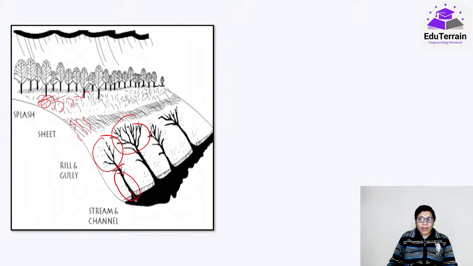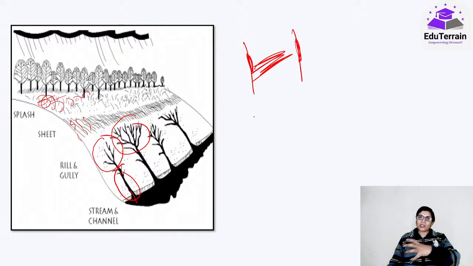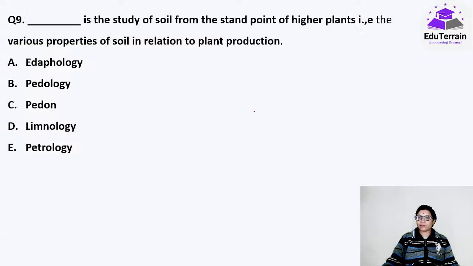And when it enters a stream bank, the streams will swell. So what will they do? They completely take the banks. Just like when a river has more water, it will try to cut off these banks. That is stream bank erosion. Okay, so these are the levels of erosion you can say.